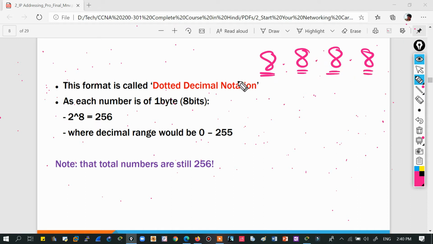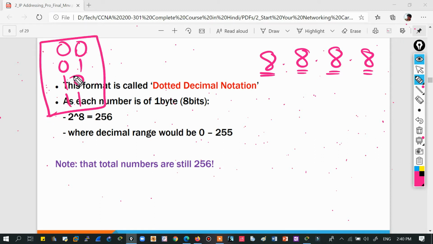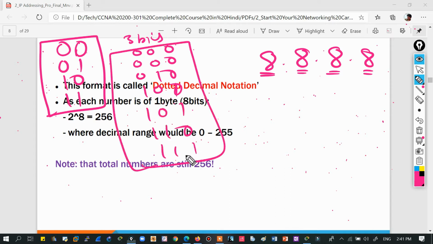Suppose there are only 2 bits. These 2 bits can be 00, 01, 10 or 11. So 2 bits means 4 possible combinations. Maybe there are 3 bits: 000, 001, 010, 100, 101, 110, 111. So there can be 8 combinations.